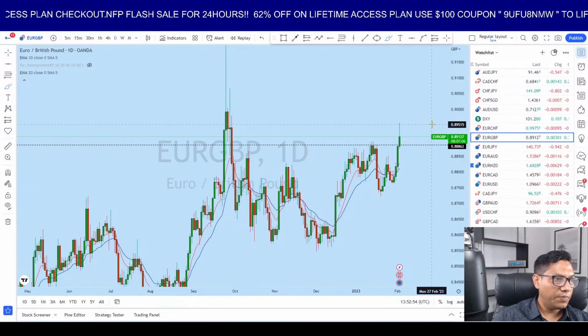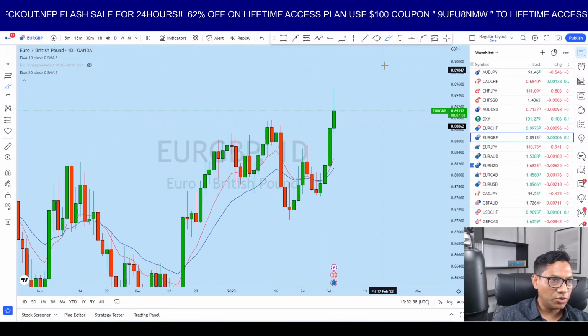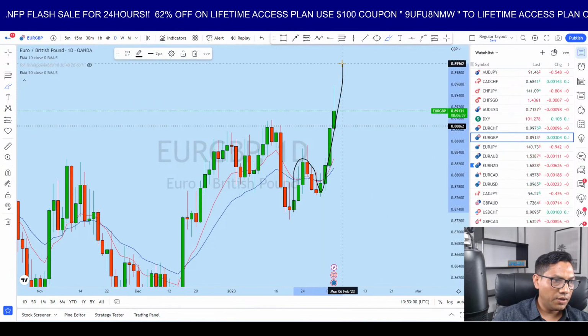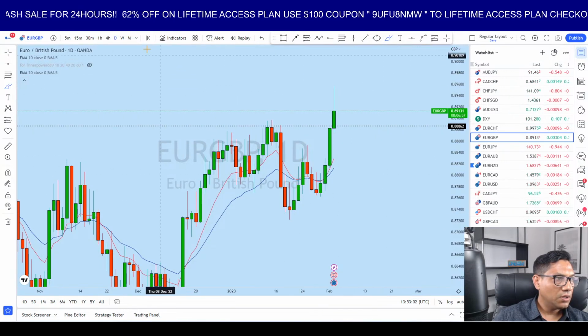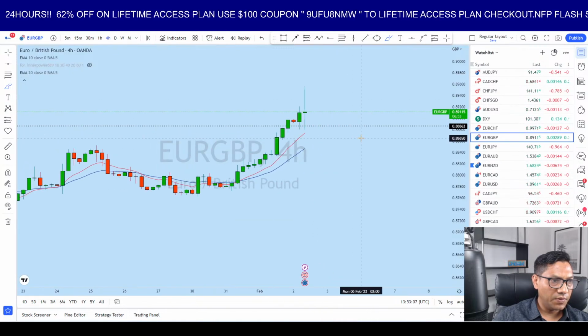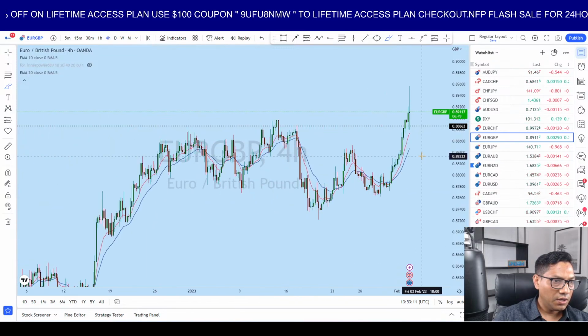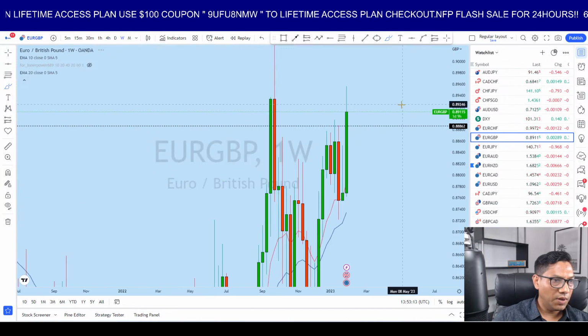Now from the daily perspective, this price action is quite bullish. You can see there is a double bottom here, has a breakout. So if you look at the 4 hour, you can see there is a doji on the 4 hour on Euro GBP. Look at which way the market might be heading.